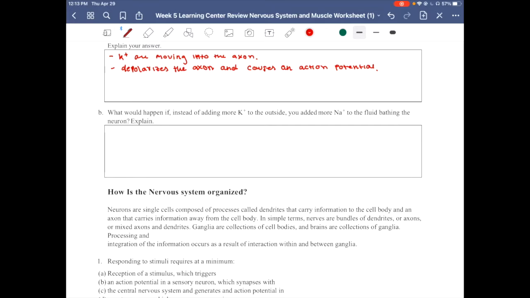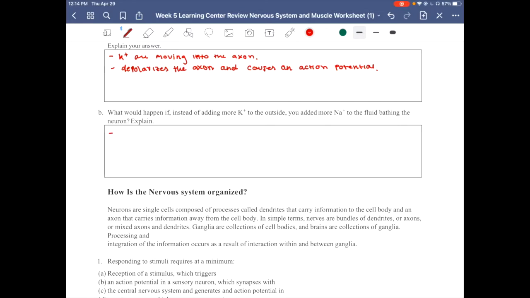But we know in both parts, question A and B, we have the sodium potassium pump, which is going to restore the sodium potassium gradient anyway. So whenever there is a disruption to the equilibrium, the sodium potassium pump will re-establish that equilibrium.